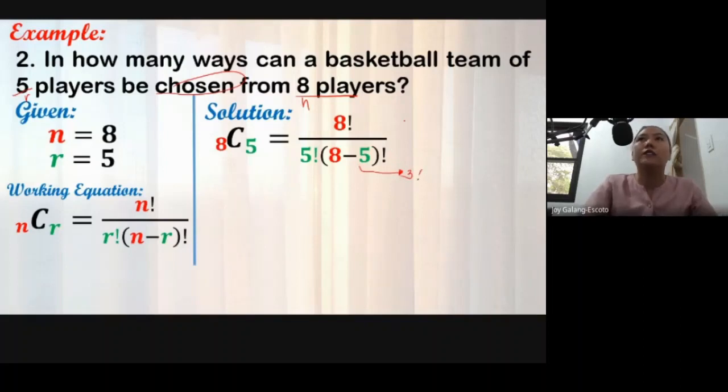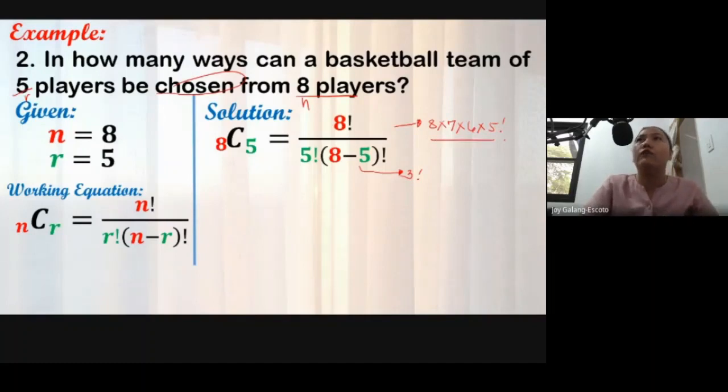Okay? Now, next, you have to expand 8 factorial in such a way that you will be canceling out 5 factorial in the denominator. So when you expand 8 factorial, that is 8 times 7 times 6 times 5 factorial. You will end with 5 factorial because your goal is to reduce the whole expression.